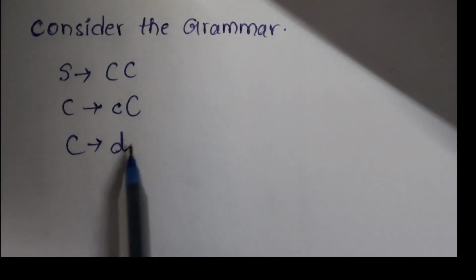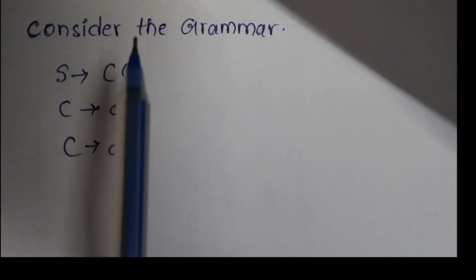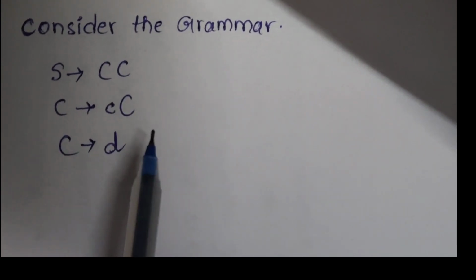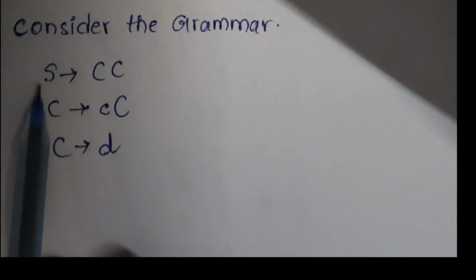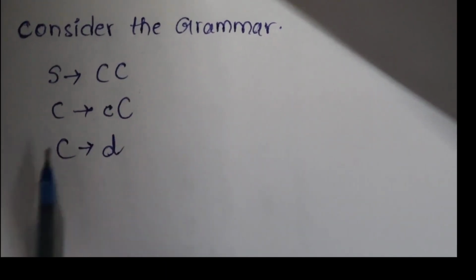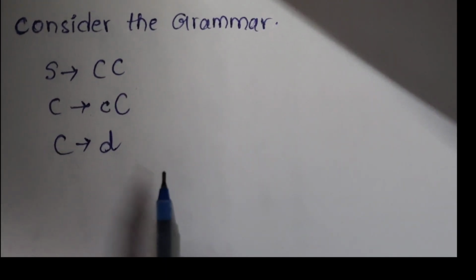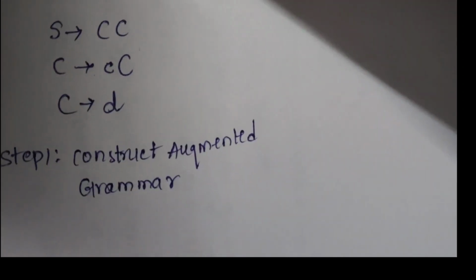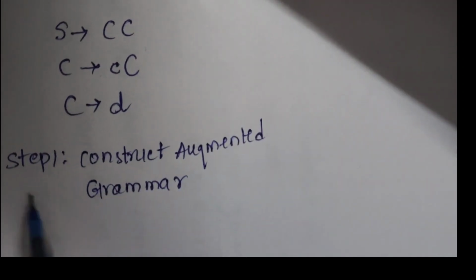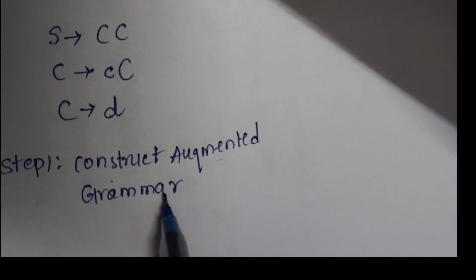So this is the grammar. For this we'll be constructing the CLR. In the next step, for the same productions, means same grammar, we'll construct the LALR parser. So stay tuned for it. The first step for constructing it is to construct the augmented grammar.